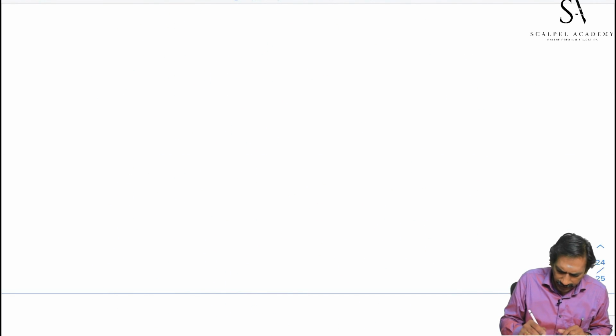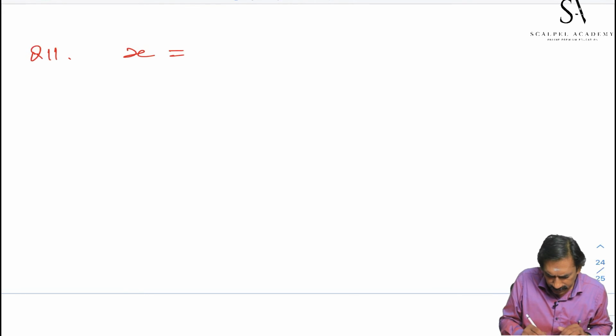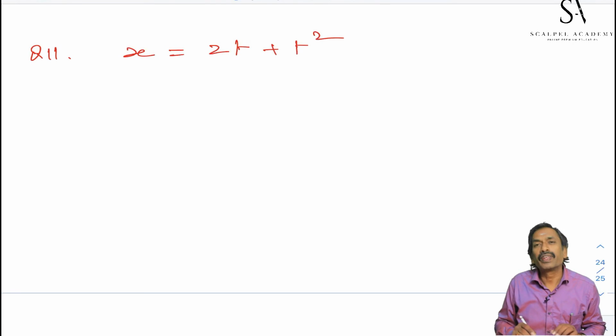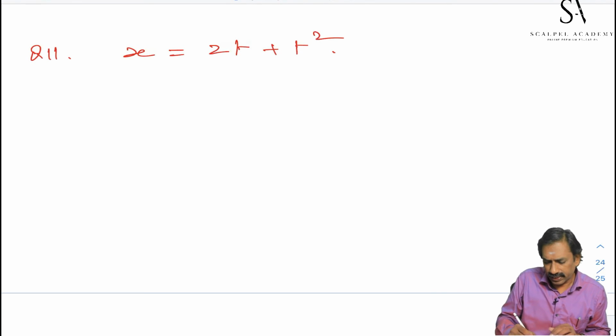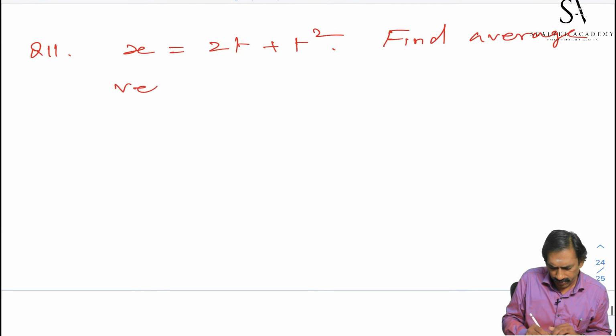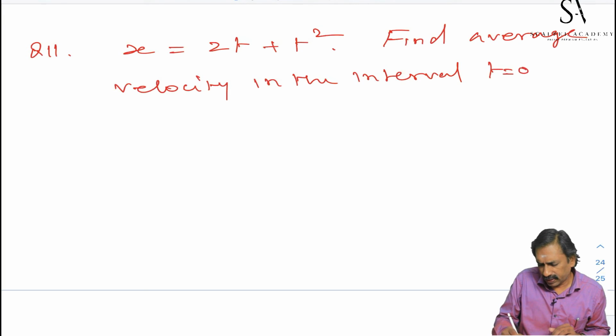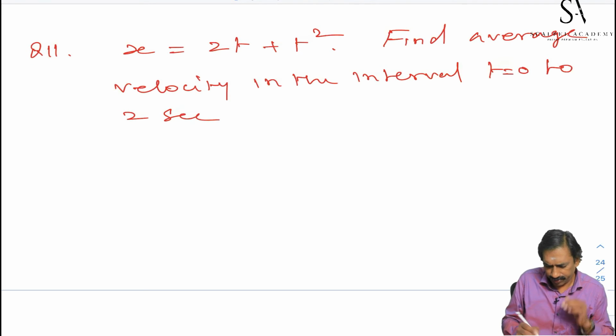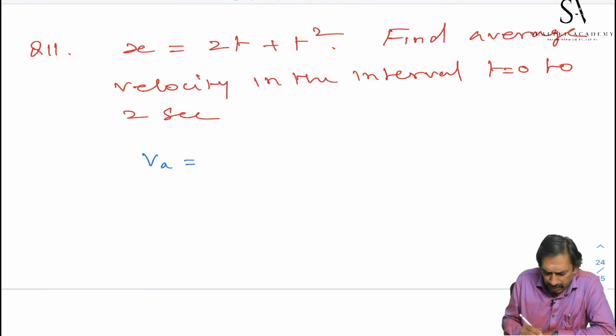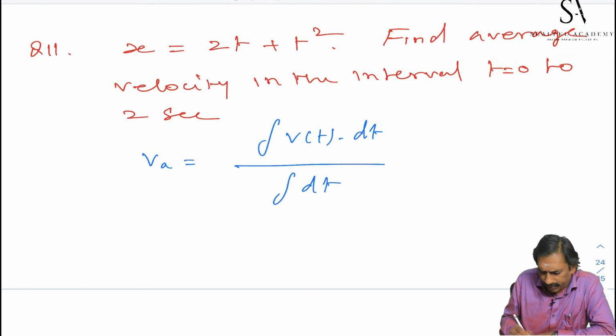Okay, students, let us pass on to the 11th problem. Displacement as a function of time is given as 2t plus t square. Here we are going to find average velocity in the interval of time t is equal to 0 to 2 seconds. Students, we know what is meant by average: integral of v as a function of time dt divided by integral dt.